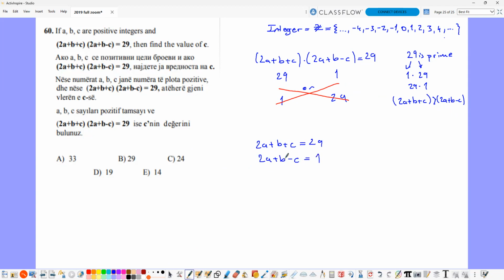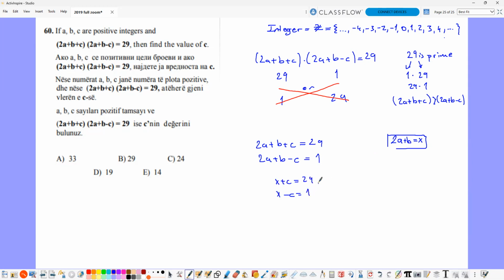Here, since there are two equations and three unknowns, and 2a plus b is common to both of them, I can name 2a plus b as x. So this becomes x plus c is equal to 29, and x minus c is equal to 1.